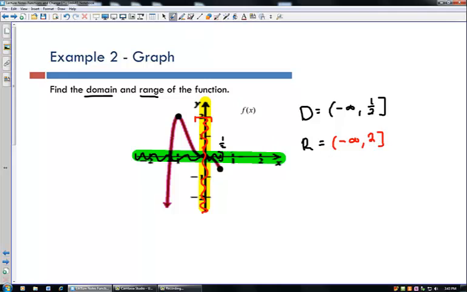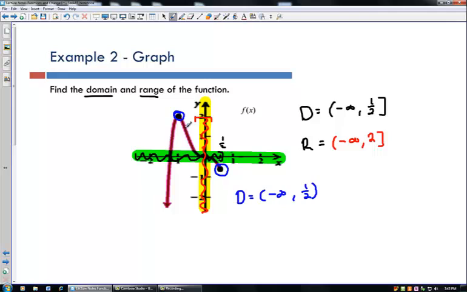Now you can change this problem a little bit, and you can change the possible domain. Let's suppose this is a closed circle. Instead of a closed circle, let's suppose it was an open circle. Then my new domain would be -infinity to 1/2, but instead of a closed bracket, I'd put a parenthesis here, which means don't include 1/2. I could also change the range by putting an open circle right here.